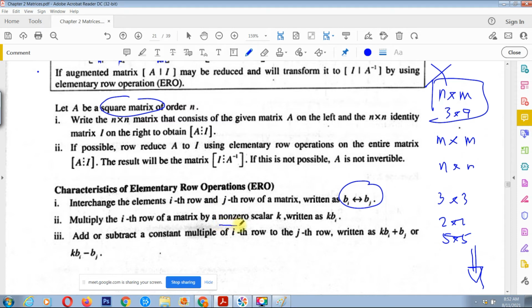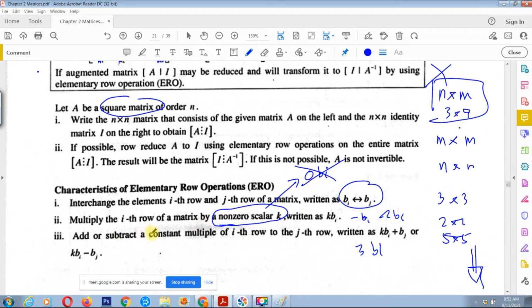Non-zero scalar means a value, a number, maybe negative bi, negative 2 bi, 3 bi, something like that. That is a scalar, but not zero. So 0 times bi cannot be used.